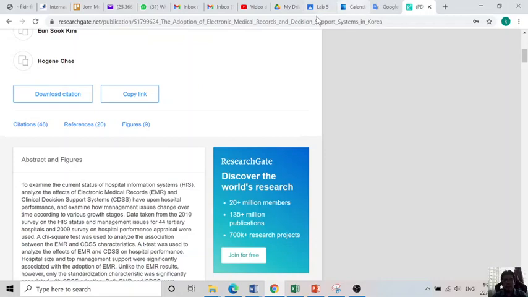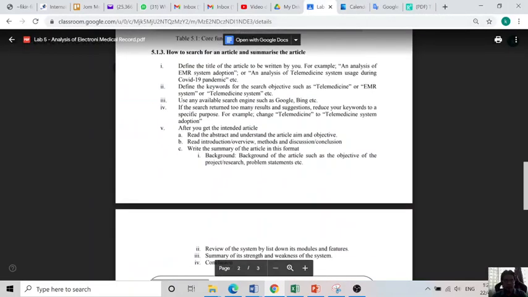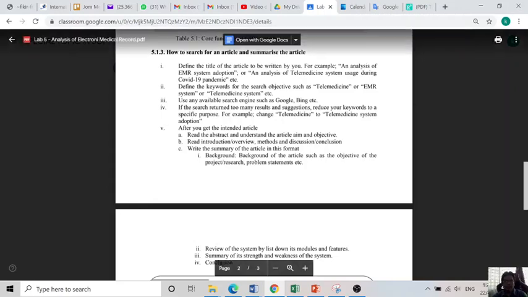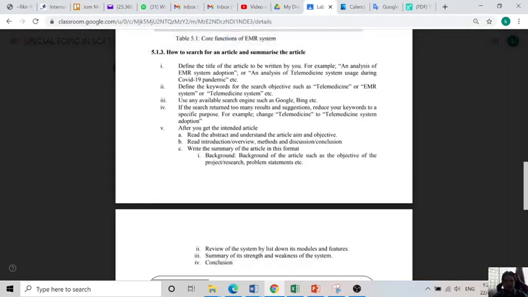So what you need to do next, after you get the paper related to your topic: if the search is too broad, then you need to do like I did. Make it specific, and then you will get the related article. After you get the intended article, you read the abstract and understand the article's aim and objective.